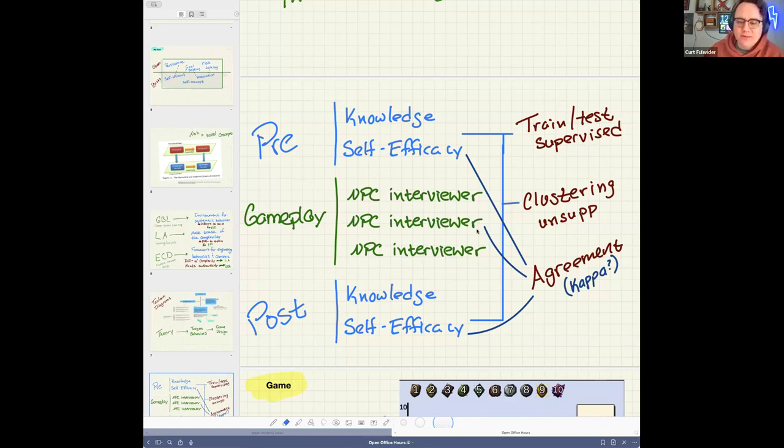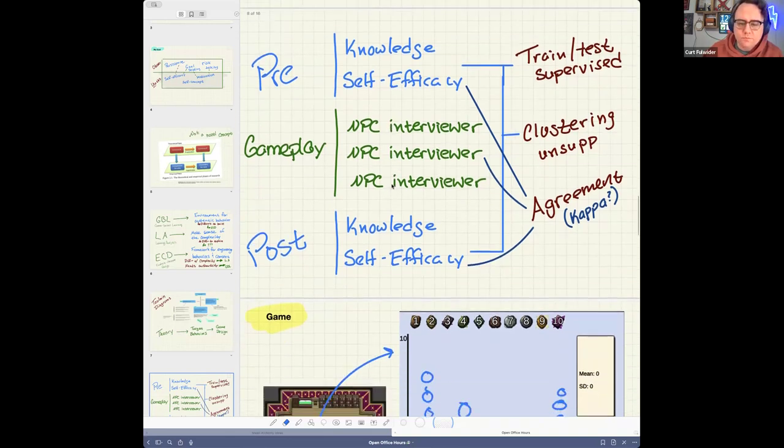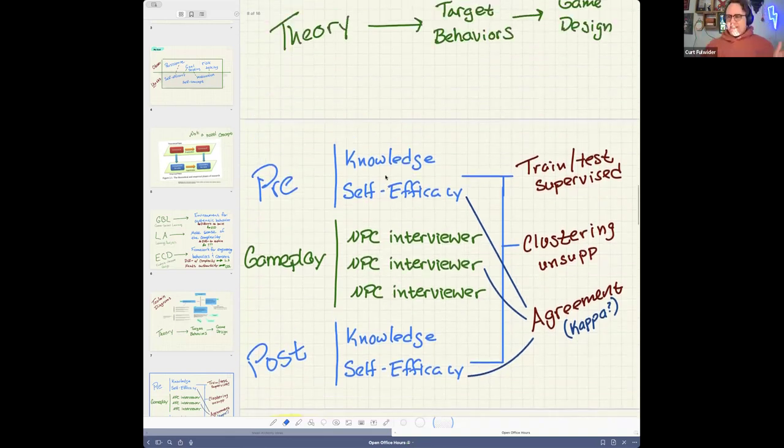But if we can make that work, then some measure of agreement between the self-report measures and what the NPC interviewer came out with. Okay, that's the study design, the research background of it. I can pause if anybody had questions about that before I move on to the game, the fun one.